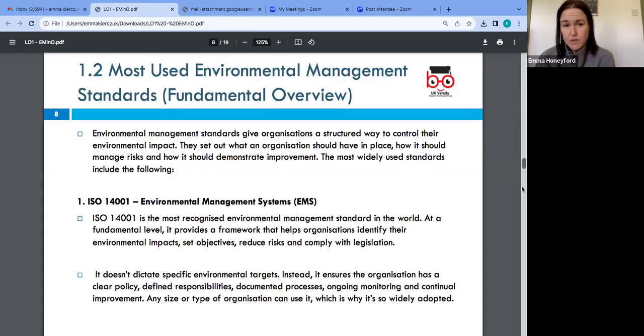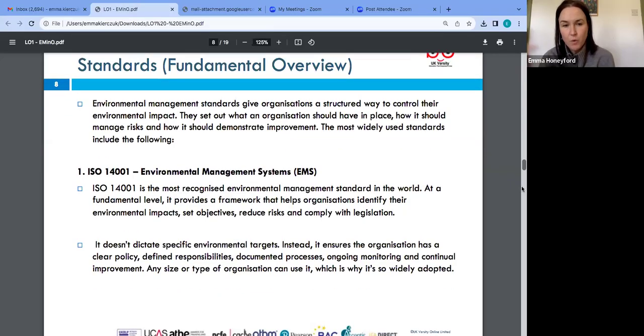It's really kind of complicated, but this systematic approach helps ensure controlled measures are put in place, so organisations know what they're working towards.